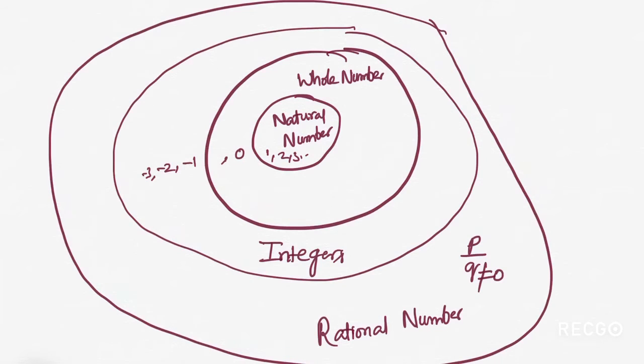See, natural numbers start with 1, 2, 3 and so on, and when we add 0 it becomes whole numbers. When we add negative numbers it becomes integers, and when there are fractions they are the rational numbers. Therefore rational numbers are a combination of integers, whole numbers and natural numbers, and also some fraction numbers.